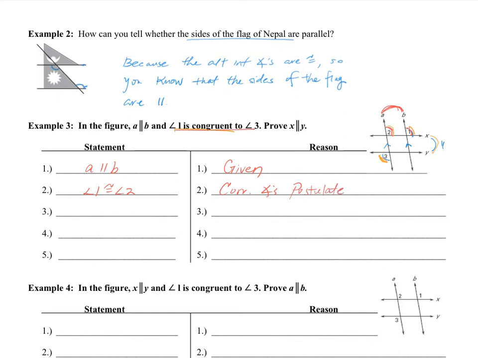Now I can use angle 1 is congruent to angle 3, given, and I can say angle 2 is congruent to angle 3 by the transitive property of congruence.